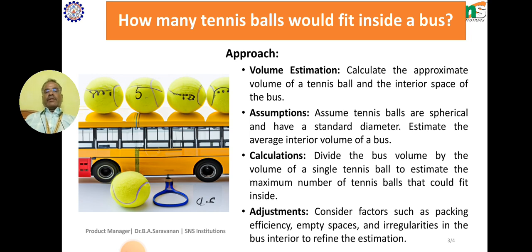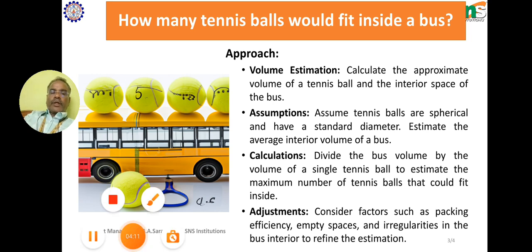The tennis ball is spherical and has a standard diameter, so we consider them all to be of uniform diameter. Then what is the average interior volume of the bus? We are approximating. The bus is a normal bus. What is the normal bus size? We are going to assume that.